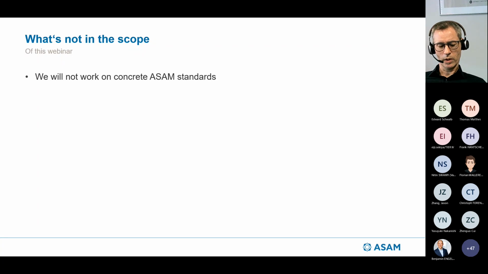Also, when the questions are about some specific standards, it's all good. But I think the working groups do the work on the concrete standard, and here we can clarify some generalized terms and practices.